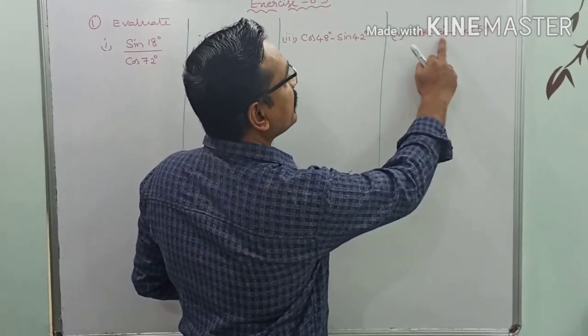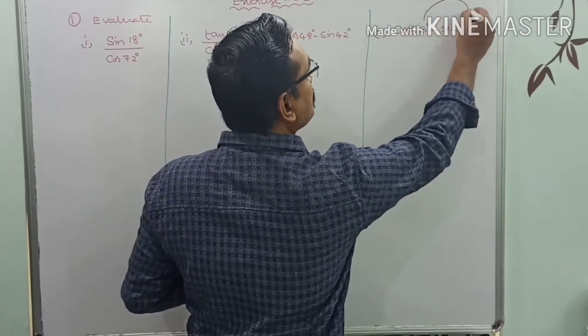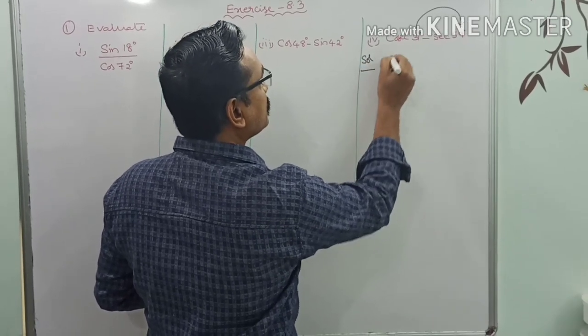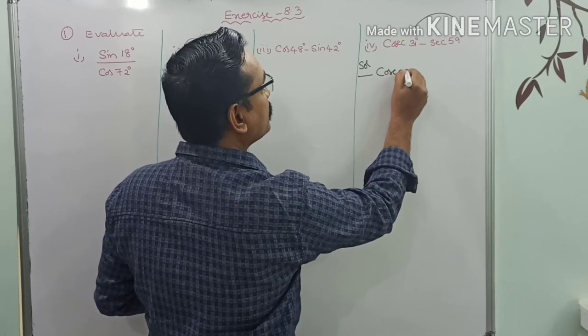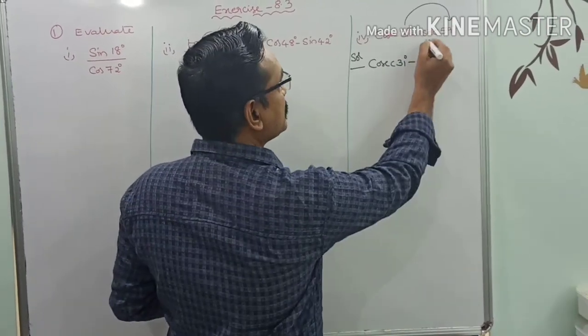Cosecant 31 degrees and secant 59 degrees: one angle is the complement of the other, so we can change either the first or the second trigonometric angle.